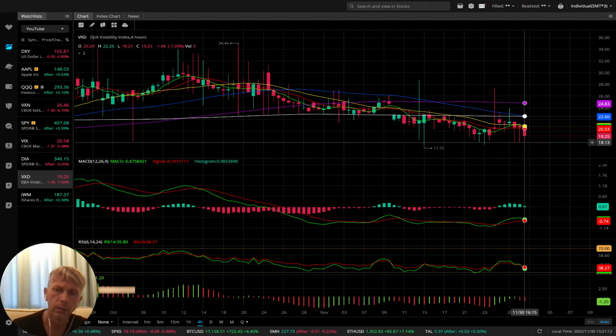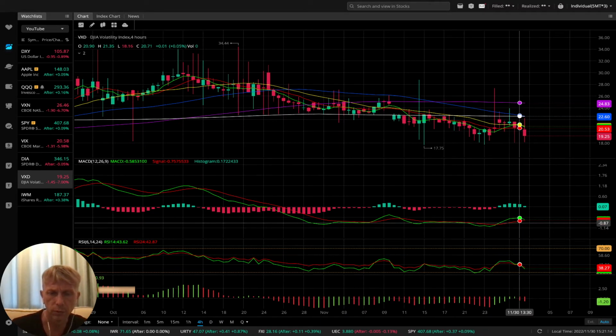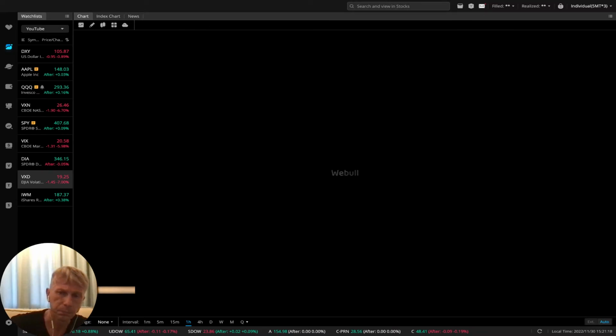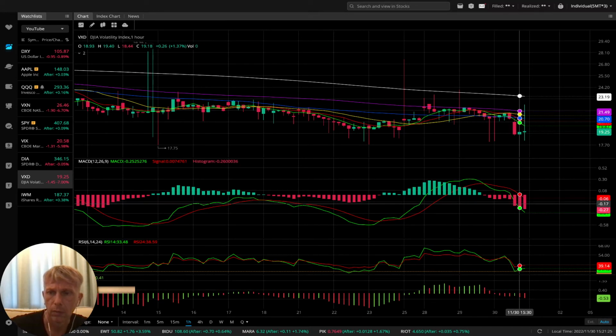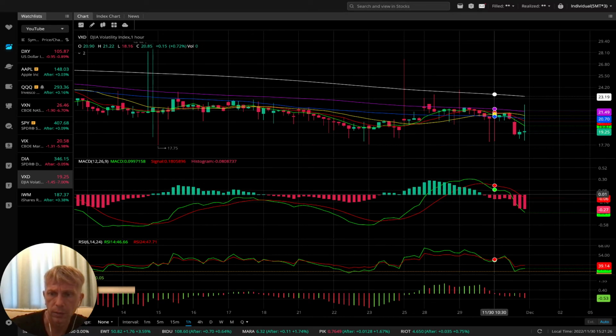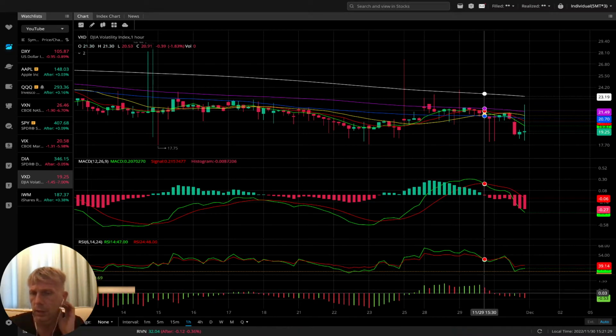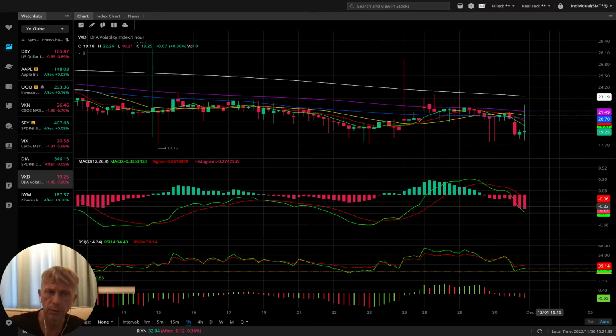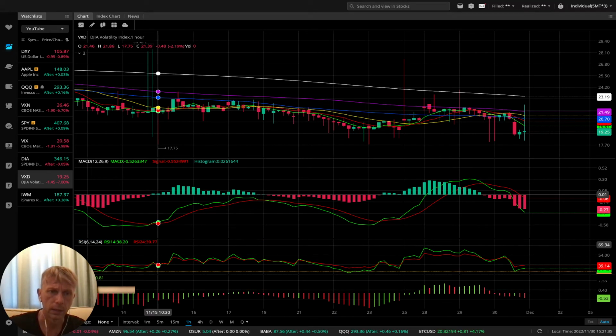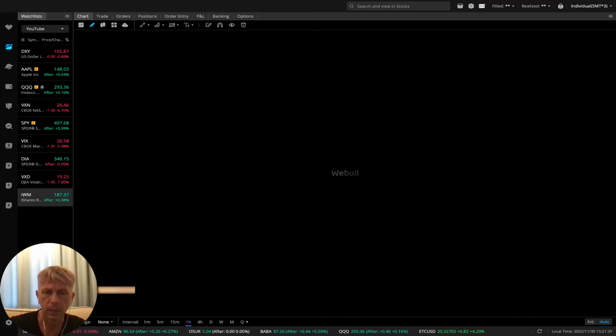Still bullish divergences on 4 hour. 1 hour, yeah, still bullish divergences, right? Bearish trend, bearish signal, bearish trend on all indicators with bullish divergences. It's bearish for Dow.